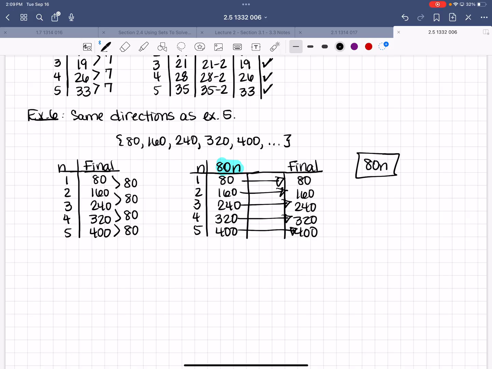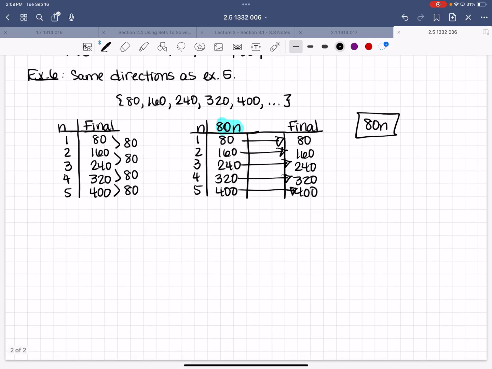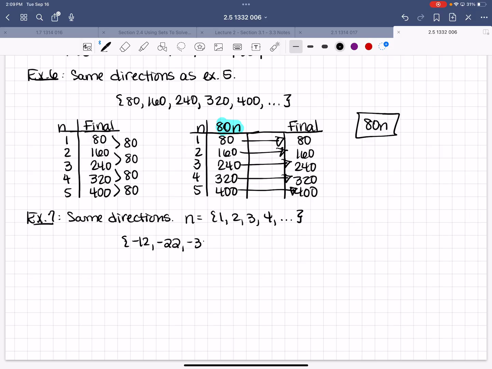We're going to say same directions. Okay, example 7, same directions. I will add on there n equals 1, 2, 3, 4, 5, just so there's no confusion there. And then we want to obtain the set -12, -22, -32, -42, -52.